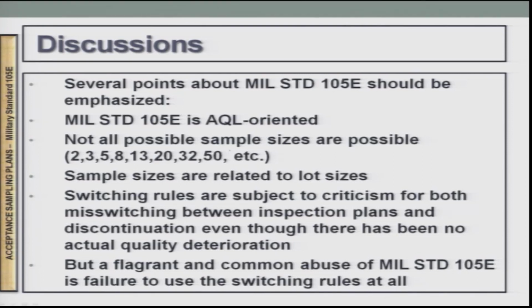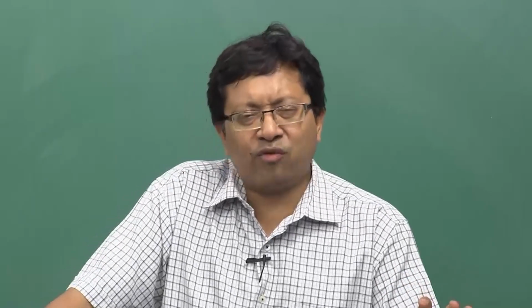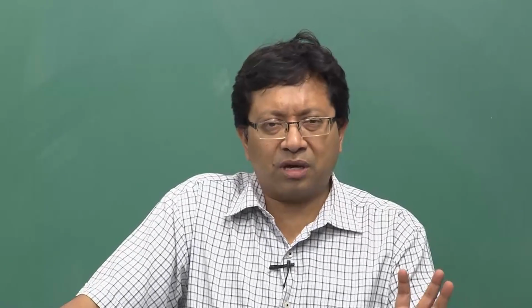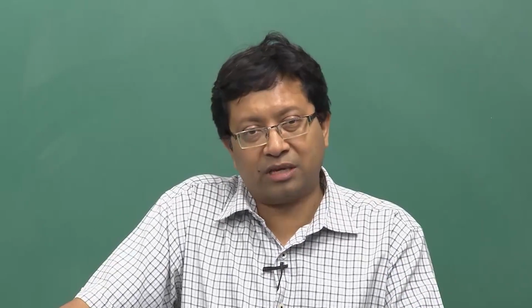Switching rules are subject to criticism for both mis-switching and non-switching, that is, whether you switch when it is not allowed, or you do not switch when it should be allowed. So, obviously, there are criticisms. In some sense they would give you some idea that there are lots which should not be rejected, but you reject them, and vice versa.